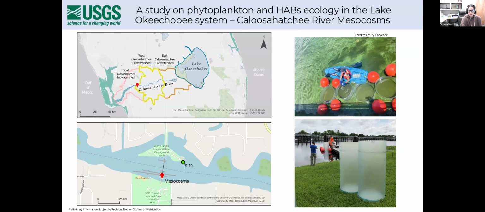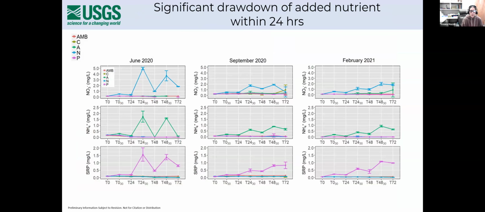These were conducted in the summer, fall, and winter to understand how responses to nutrient additions might differ during different times of the year. The experiments were run for 72 hours. We collected a baseline sample before the dosing on the first day, and then samples were collected before dosing on previous days, so T24 and T48.